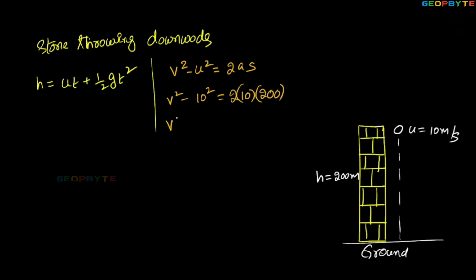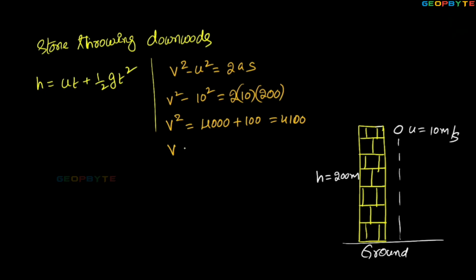So v square equal to 2 into 10, 20 into 200, 4000, plus 10 square is 100. So it is equal to 4100.